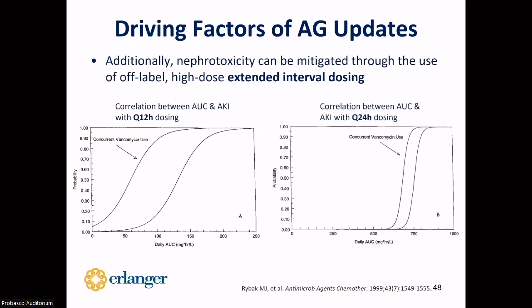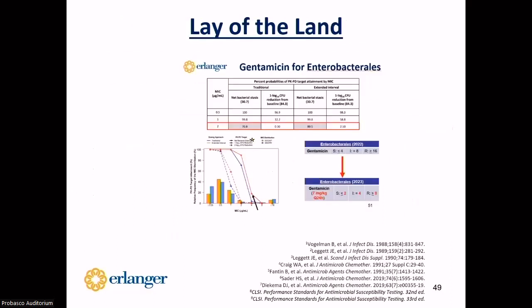But when we switch it to Q24-hour dosing, we can very clearly see how much more tolerable this is without sacrificing treatment failure. So I think this is just a good visual depiction of how much safer it is to do Q24 dosing.